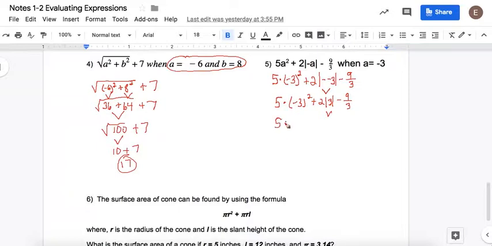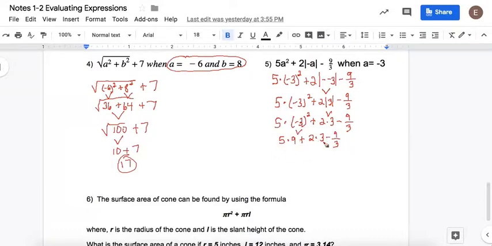Now, there's a 2 in front, so that will mean that I'm multiplying the absolute value of 3 by 2. So we're going to write 2 times 3 minus 9 divided by 3. Okay, now the next part is exponents. So negative 3 squared is 9. So 5 times 9 plus 2 times 3 minus 9 divided by 3.